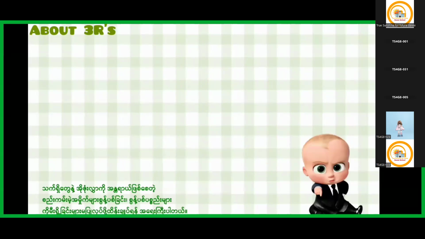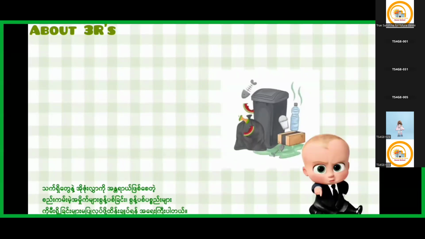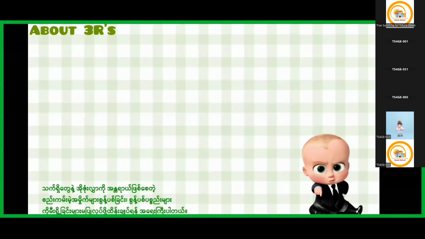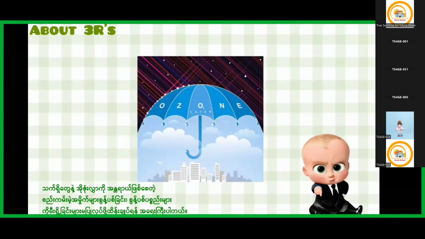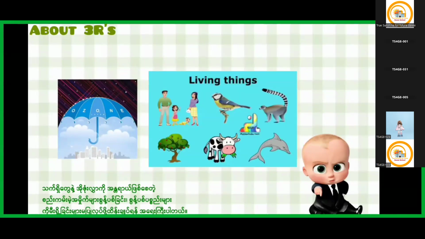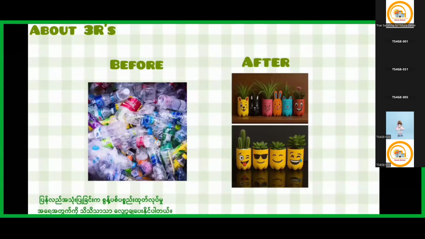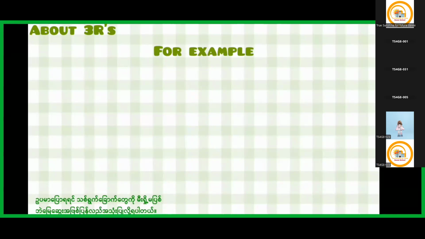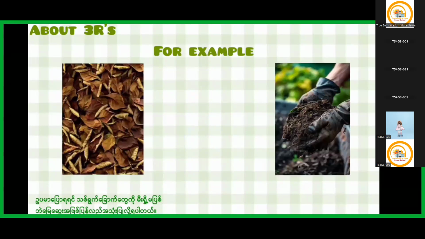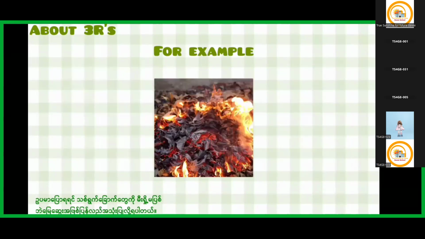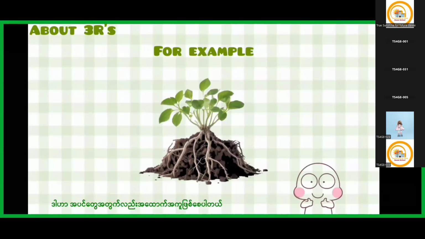The second is how to reuse. It's important to control illegal dumping and waste burning, as they can damage the ozone layer and harm living things. Reusing helps reduce the amount of waste we produce. For example, we can use fallen leaves as natural fertilizer instead of burning them. This also helps plants grow better.